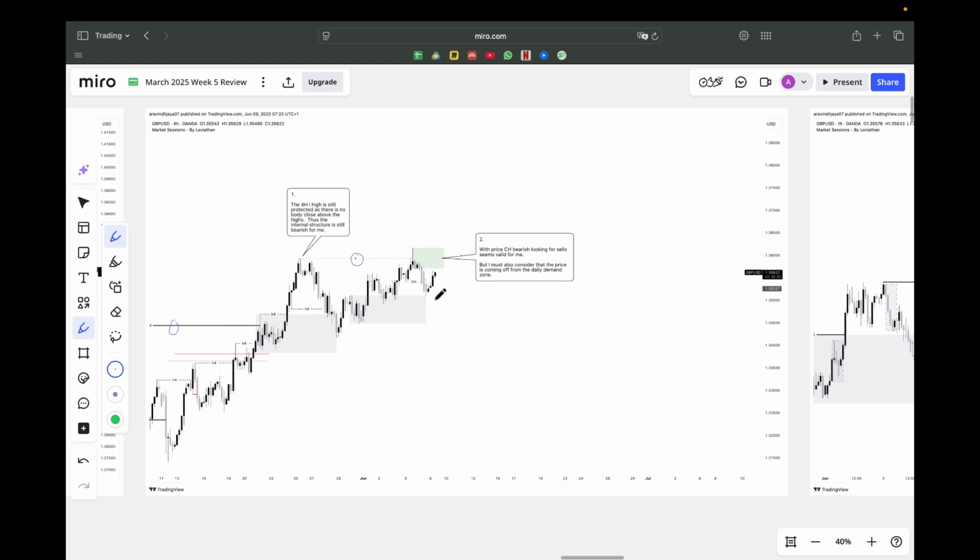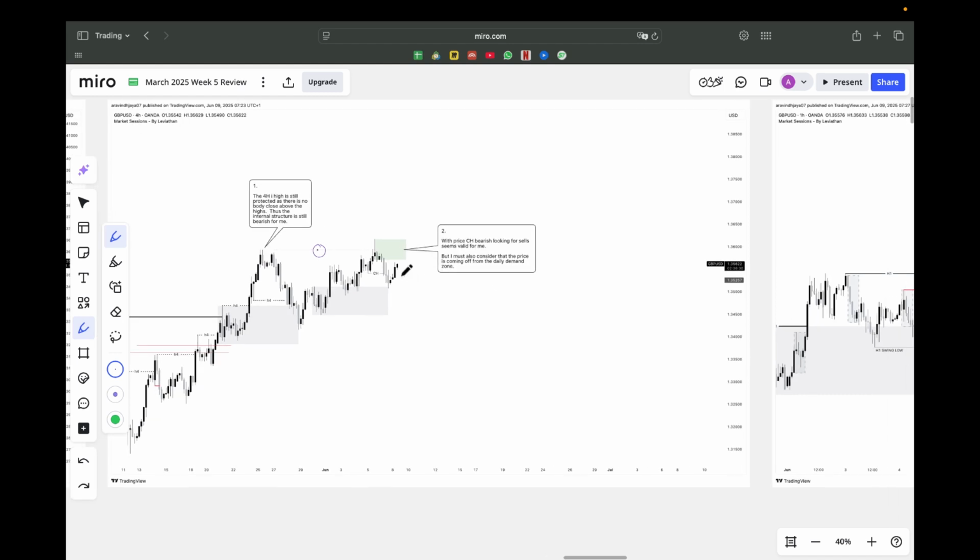If the price changes the internal structure like this, then I'll use this as my swing low and this as my 4-hour swing bullish BOS, because I don't want to deal with large ranges. I'll be dealing with only short ranges so that I can focus on the current price action. Cool, so this is what we have in the 4-hour chart.